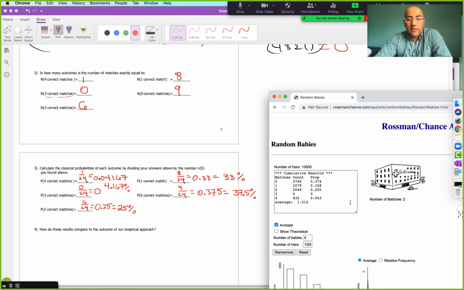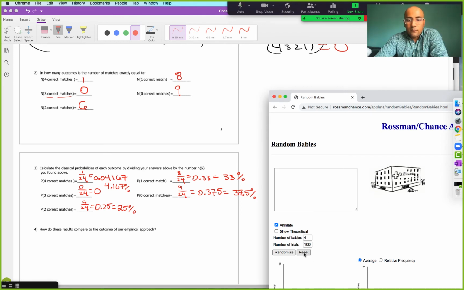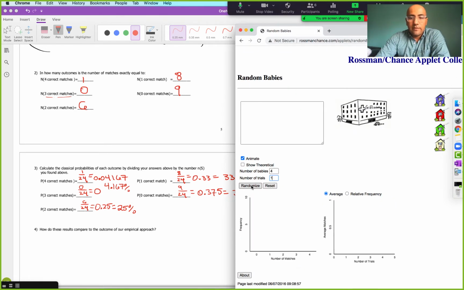If we hadn't done it enough times, let's reset the whole thing and go back to doing it just 10 times. Actually, let's see the little animation one more time. There's the little stork guy. He goes, and there go the babies.